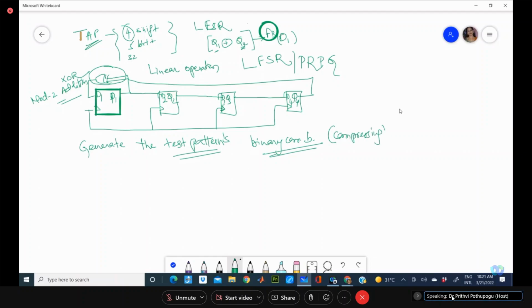Generating the test patterns and compressing them into what we call signatures. We were using the shift register setup. And a normal shift register, what function will it allow?